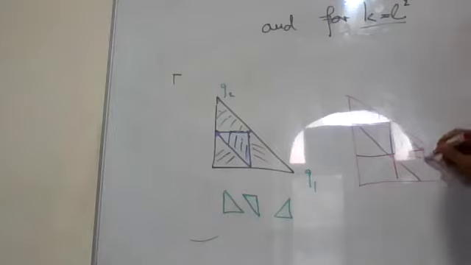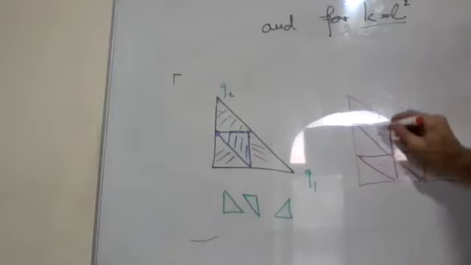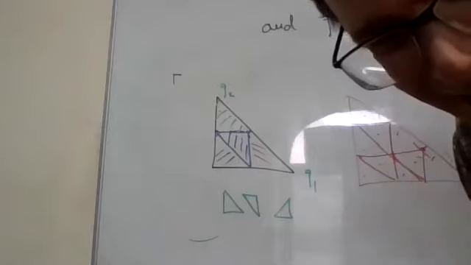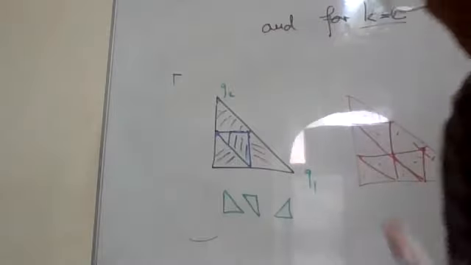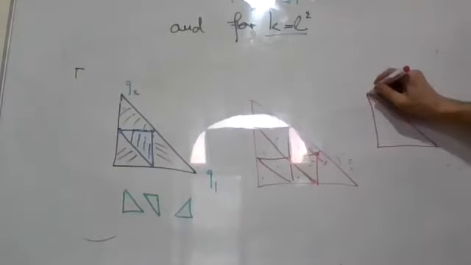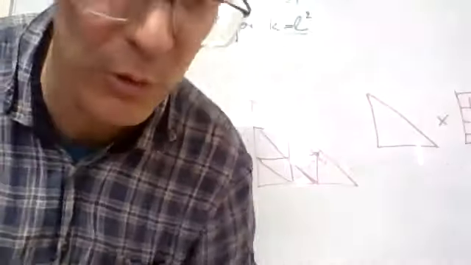So 1, 2, 3, 4, 5, 6, 7, 8, 9, right? But you see, this is a bit stupid. It can be done much more easily. It can also be done like this. You can also subdivide here and put the squares here and make them smaller.